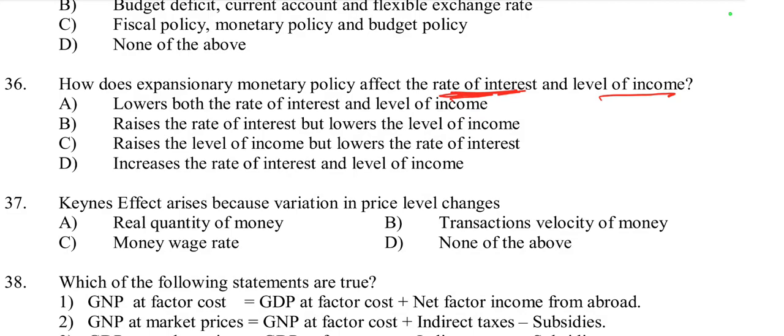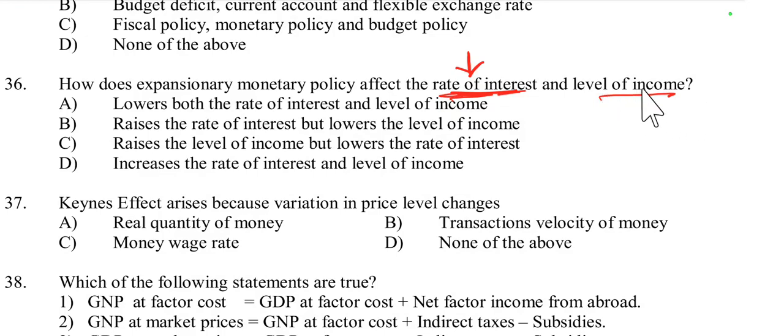When the central bank implements expansionary policy, it means lowering the discount rate or purchasing government securities. Expansionary policy reduces the cost of borrowing. Then this leads to a lower interest rate. So the rate of interest falls when expansionary monetary policy is adopted by the central bank.